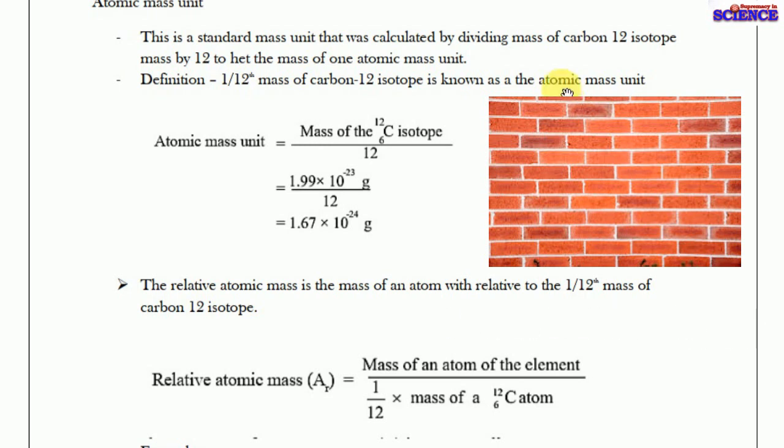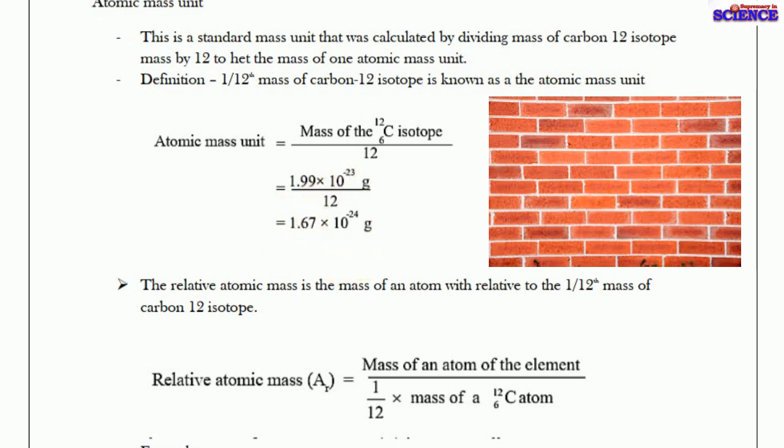Then we want to measure the mass of one brick. That will be like the mass of one atomic mass unit, similar to the atom. Assume that the wall is the atom, built up of small subatomic particles, the protons and neutrons. Those are the units. So we want to measure the mass of one single unit.